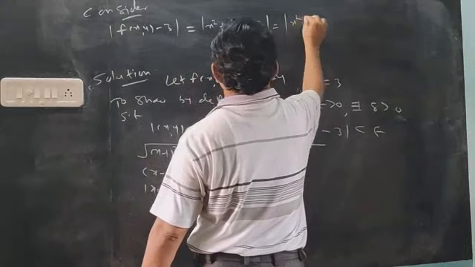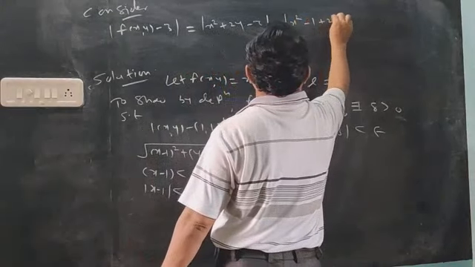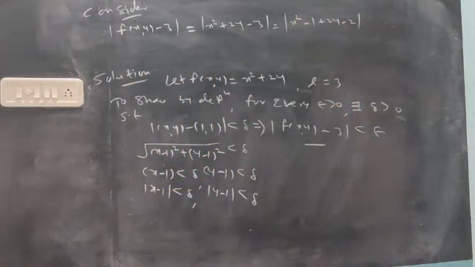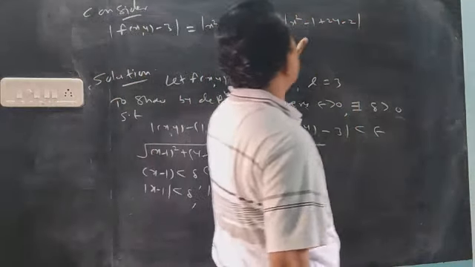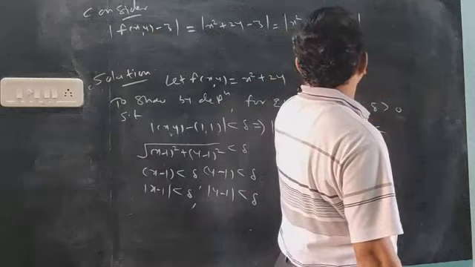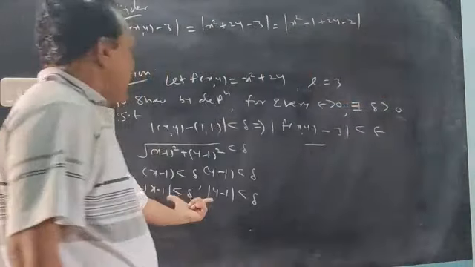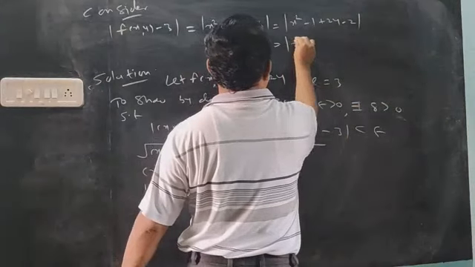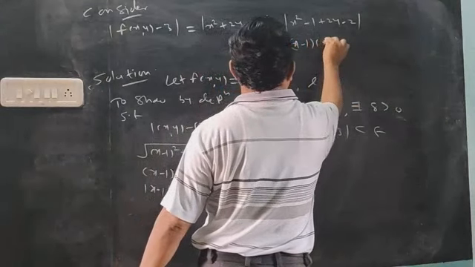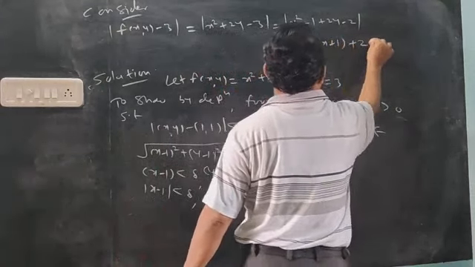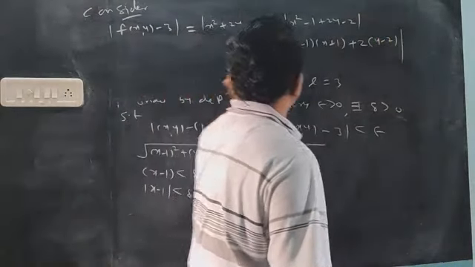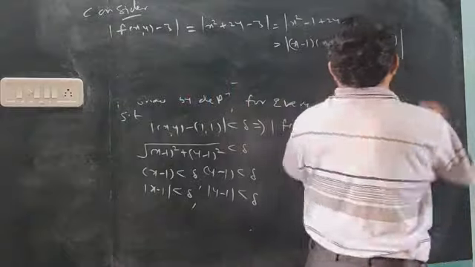So x square minus 1 and 2y minus 2, as minus 3 becomes minus 1 minus 2. Since x square minus 1 has two factors, x minus 1 and x plus 1, and 2 is common in 2y minus 2, we get the factor y minus 1.